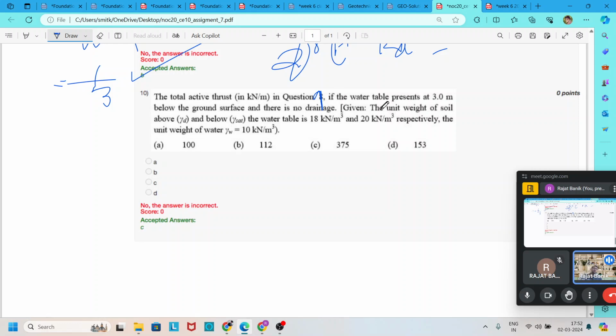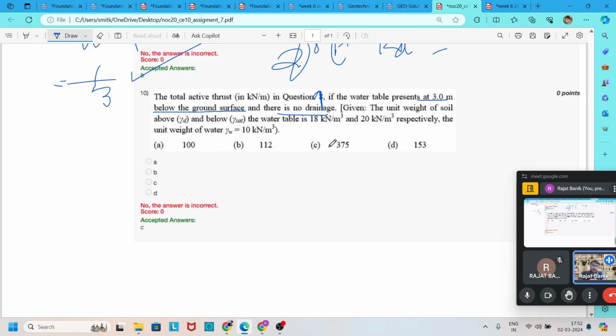It says that the water table is present at 3 meter below the ground surface and there is no drainage also, and we have to find the same active earth pressure thrust. Gamma d is given for above the water table as 18 kilonewton per meter cube and below the water table gamma saturated is given as 20 kilonewton per meter cube.